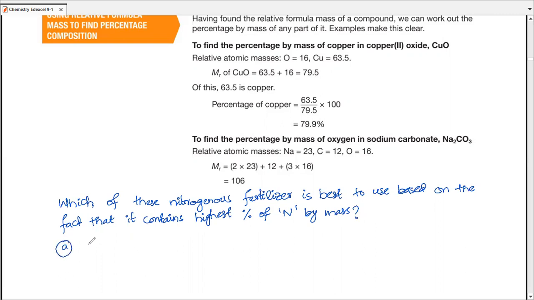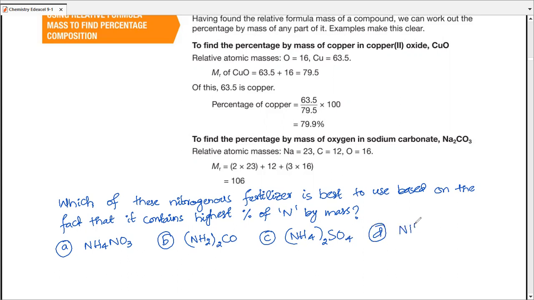A, NH4NO3, B, NH2 twice CO, C, NH4 twice SO4, and finally D, NH4 twice HPO4.